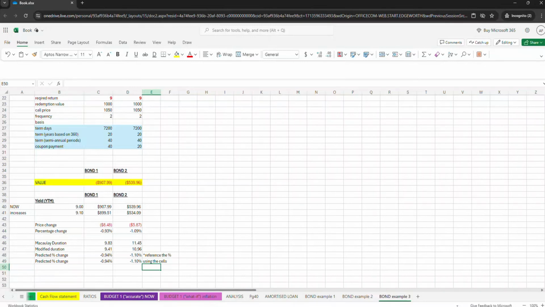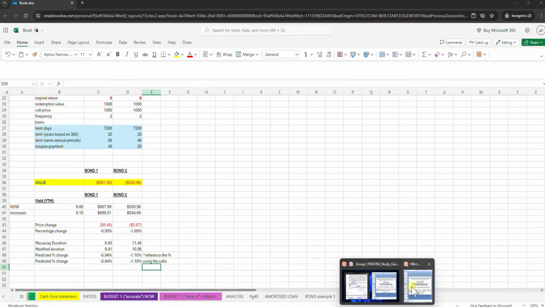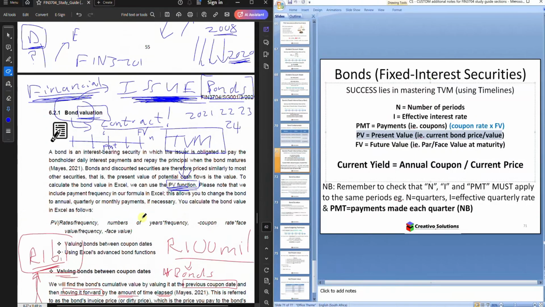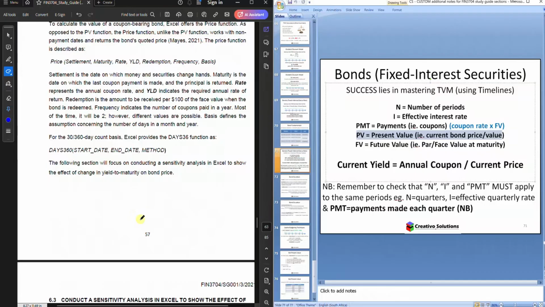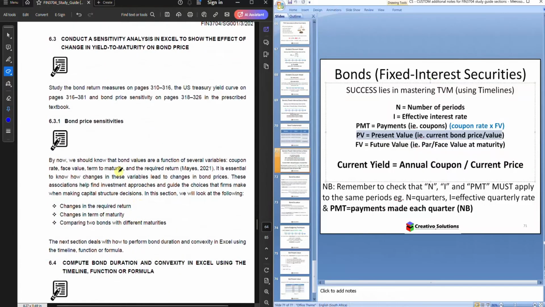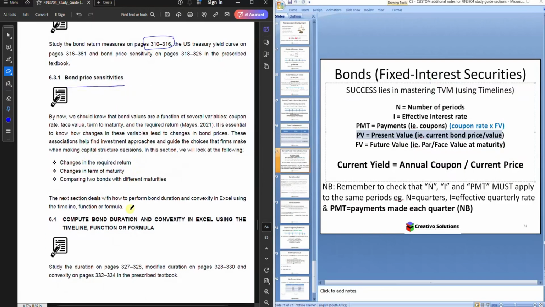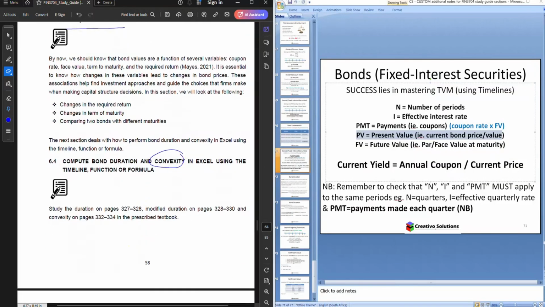Convexity. Do they want you to calculate convexity as well? Yes, they do. Let's just go back to the page. We've covered all of this. We're now looking at the next part, convexity.